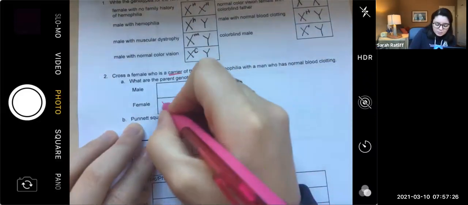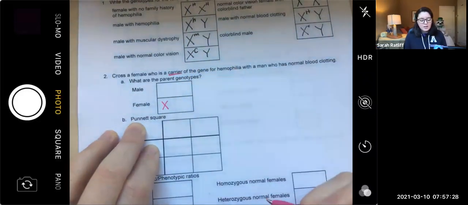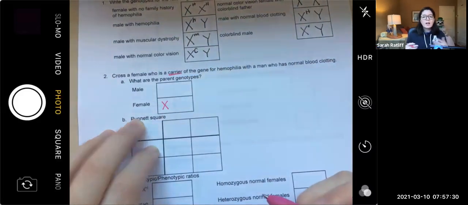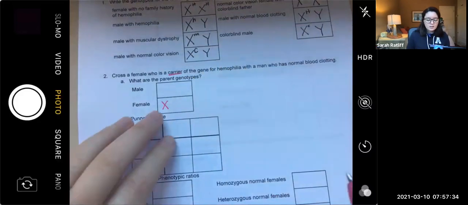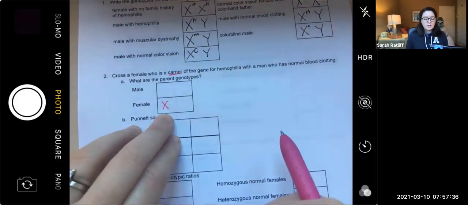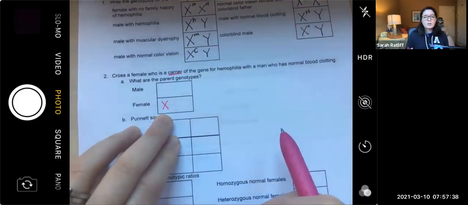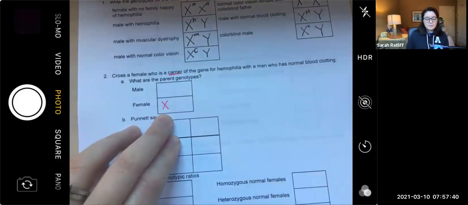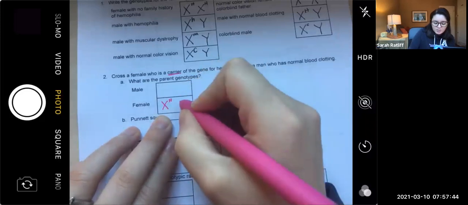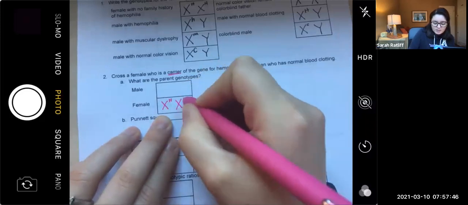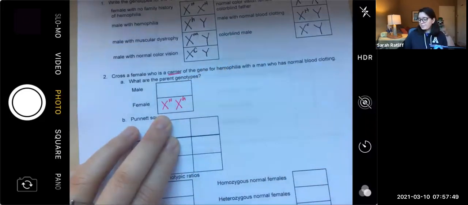So she's going to have at least one X, we know this. And if she's a carrier, she's going to be heterozygous. She's carrying one of those little h's, recessive genes for hemophilia, but she's expressing no hemophilia. So she's going to be heterozygous, meaning one of each capitalization. So she'll be X with a big H and X with a little h.